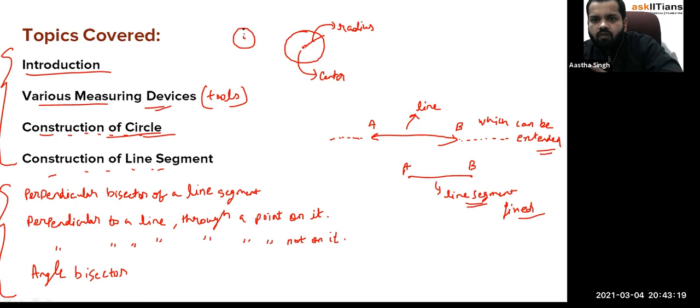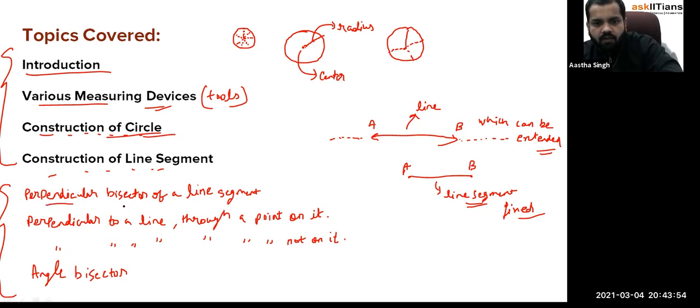The wall clock is in the shape of a circle. The wheel of your bicycle or your bike is in the form of a circle. Guys, the pizza you generally eat is in the form of a circle, okay? And that point at the middle is known as the center, and your fixed distance is known as the radius, okay?